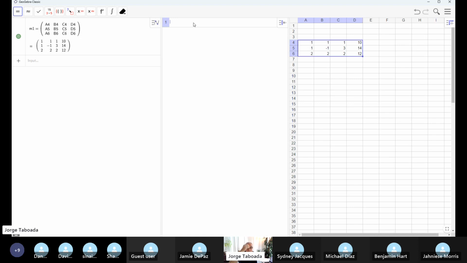Now, no inverse matrix anymore, no determinant. Using the reduced row echelon form of the matrix, M1. No capital, because it doesn't matter, but just in case. Press enter, bam, and you get that.